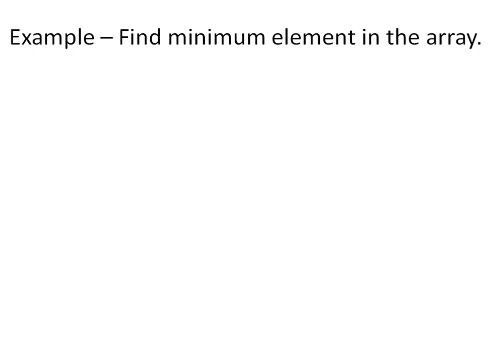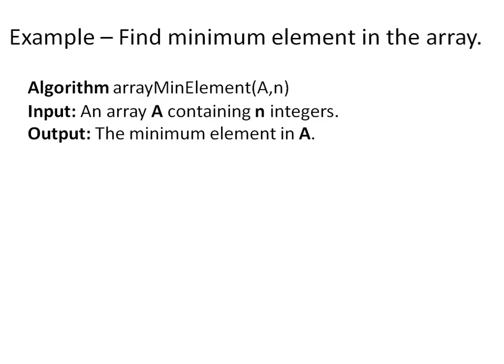We will take one more example for this traversing operation, finding a minimum array element. The algorithm designed for the same is array min element, which is accepting an array A and its size as a variable n.